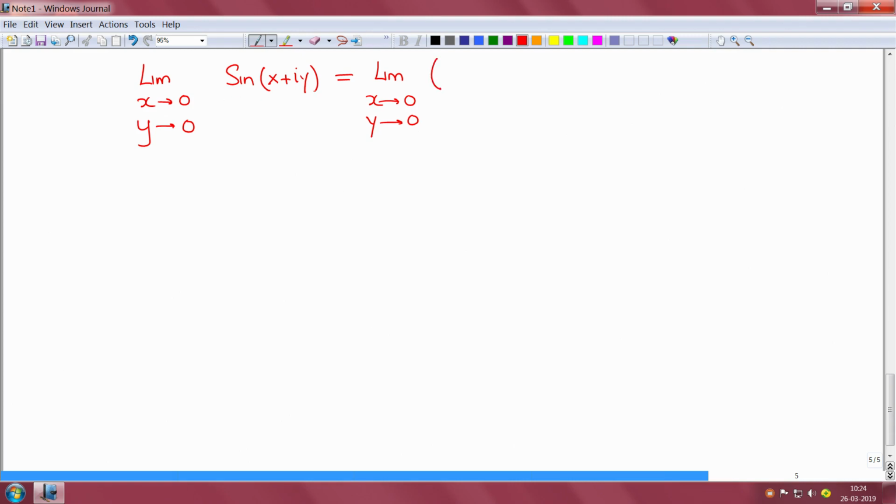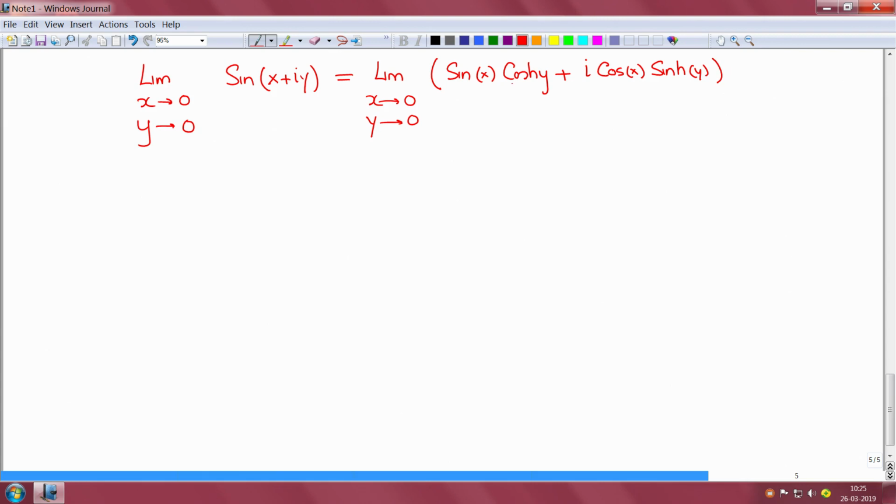Okay. We will use the sin(a + b) law. So we get sin x cos(iy), which is cosh y, plus cos x sin(iy), and sin(iy) is i times sinh y.